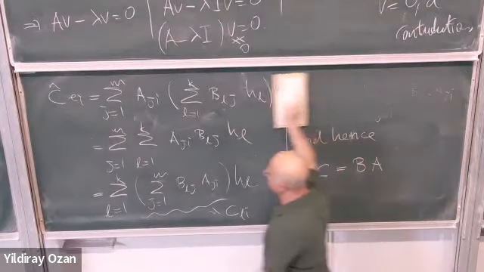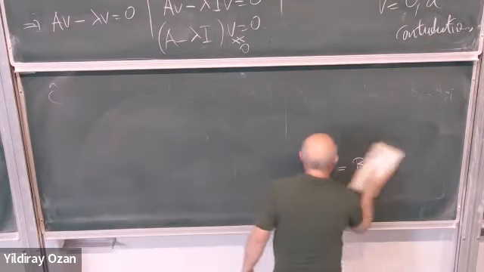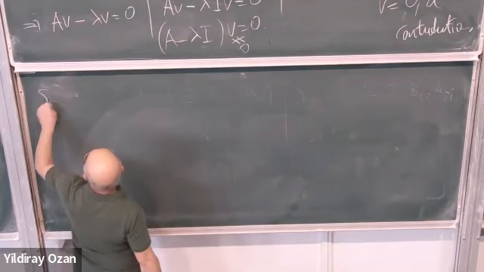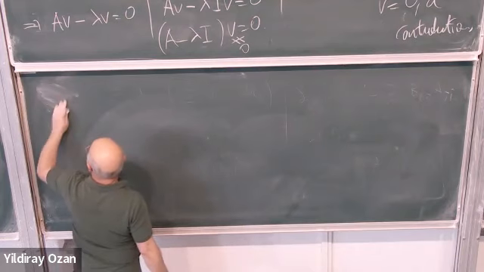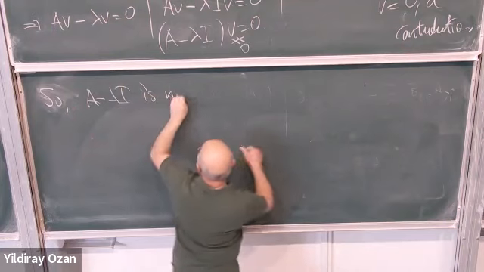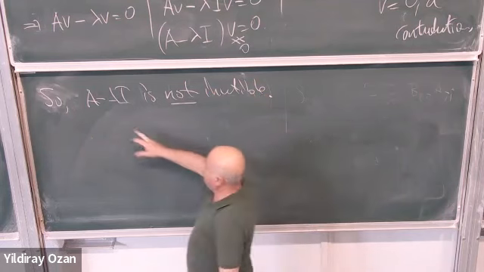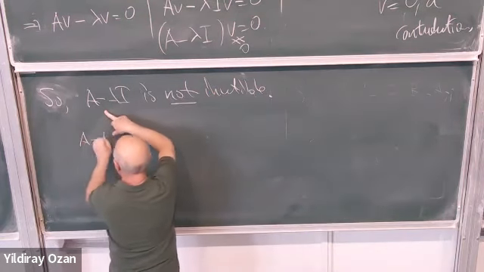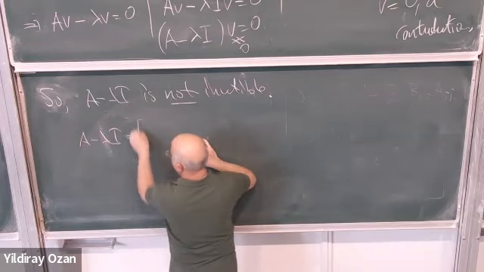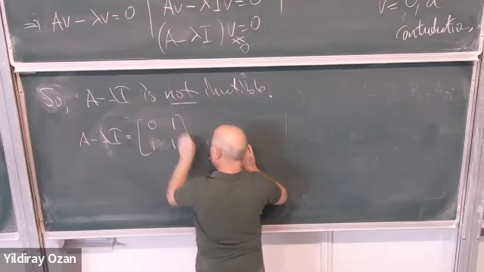But if it is not invertible, okay, so A minus lambda I is not invertible. What is this? A minus lambda I. A is just this matrix 0, 1, 1, 1.